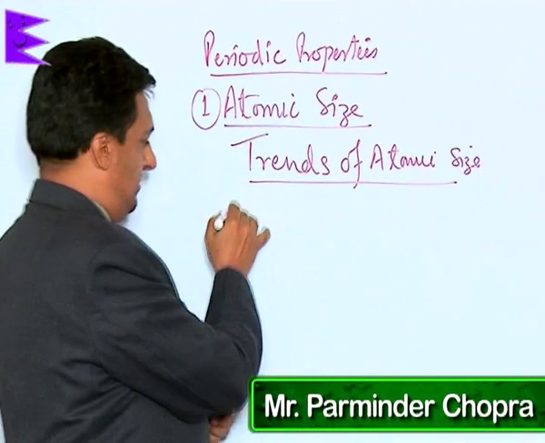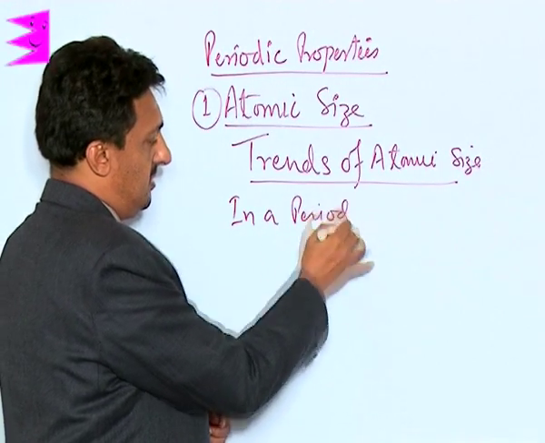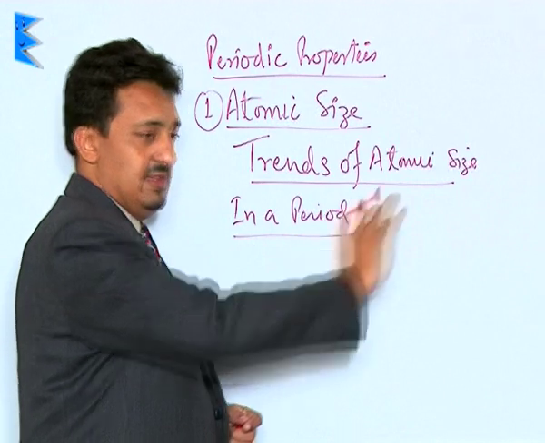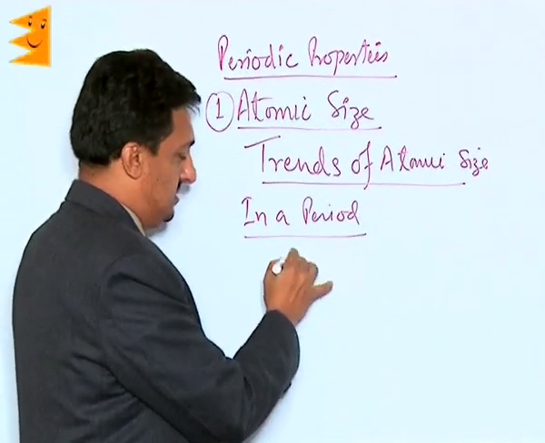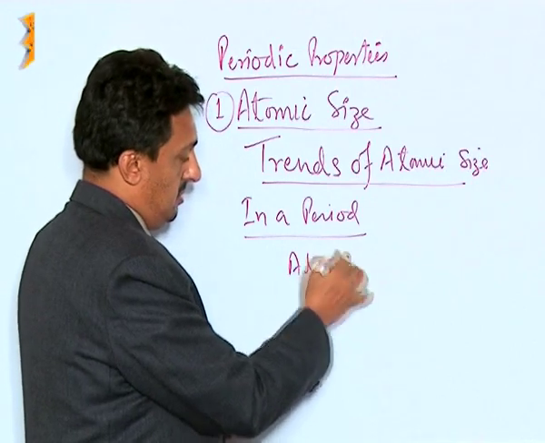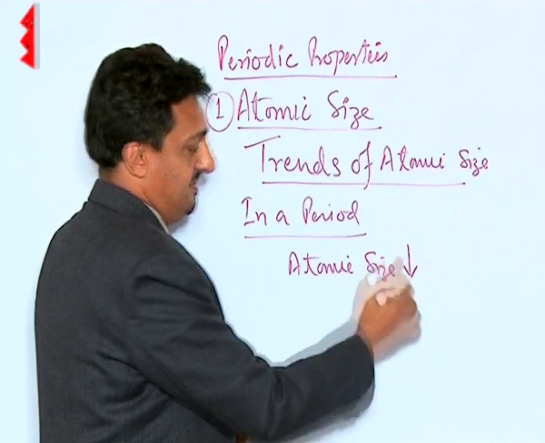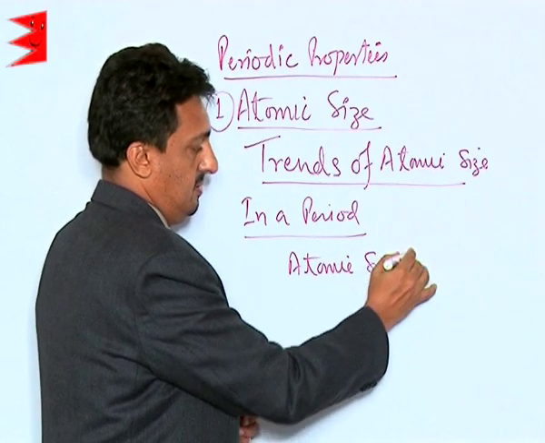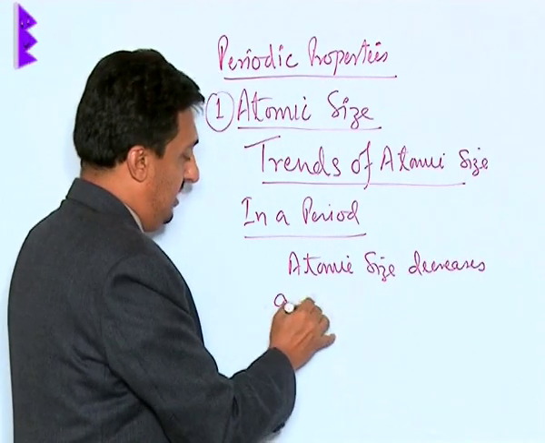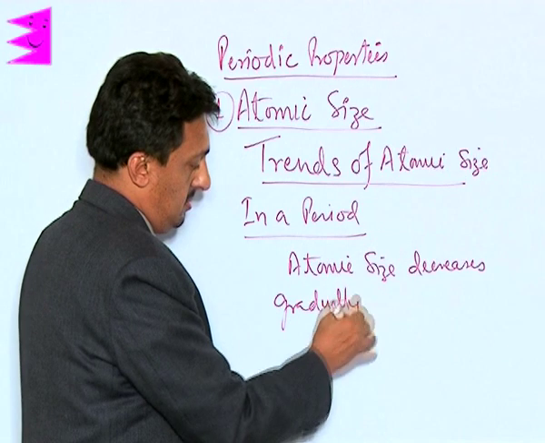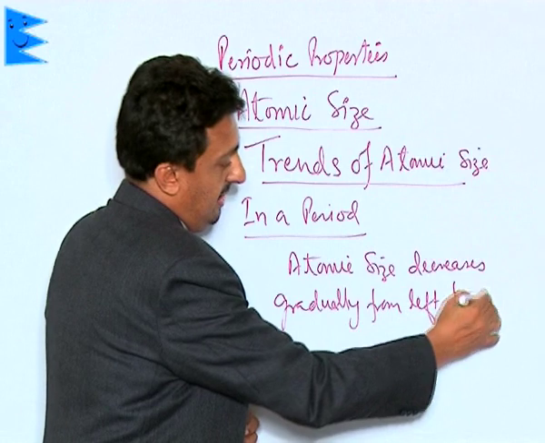Always remember, in a period, that means I am talking about horizontal rows from left to right, atomic size decreases gradually from left to right.